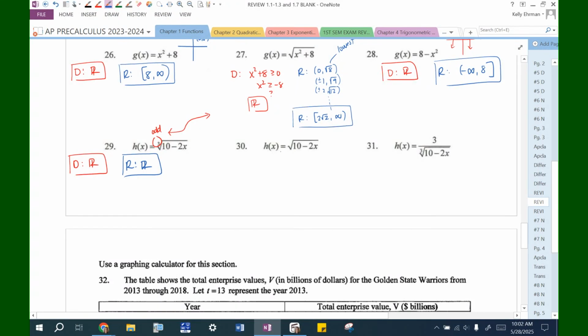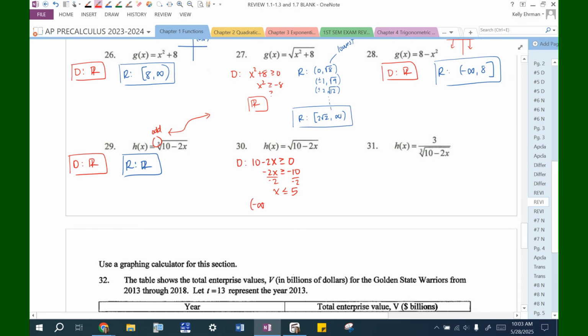If it's a square root, now we have to say, okay, well, there is a starting point. We can't square root negatives. So for the domain, 10 minus 2x has to stay greater than or equal to 0. You can solve this. You're dividing by negative 2, so you have to remember to flip the inequality around. Or you can move the x to the other side and you get the same thing. So x is less than or equal to 5.